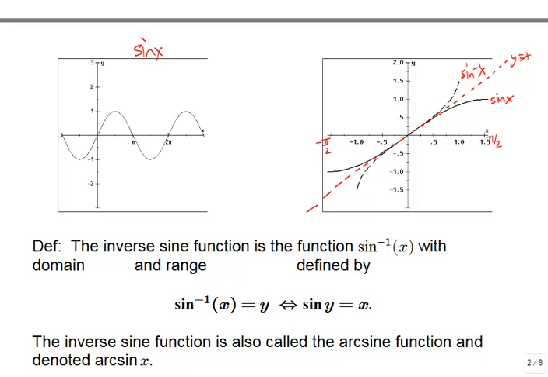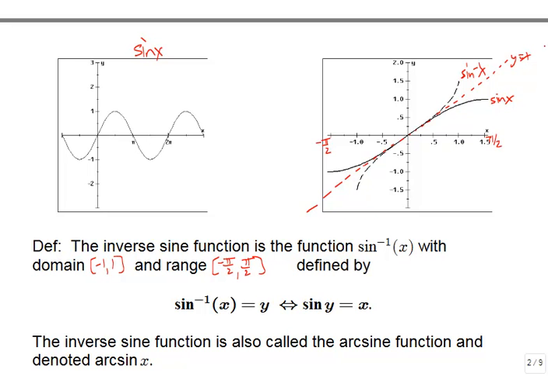Here's how we're going to define this inverse function. We're going to say that the inverse sine function is the function sine with this little -1, that's notation for inverse, with the domain -1 to 1 and range minus pi over 2 to pi over 2.